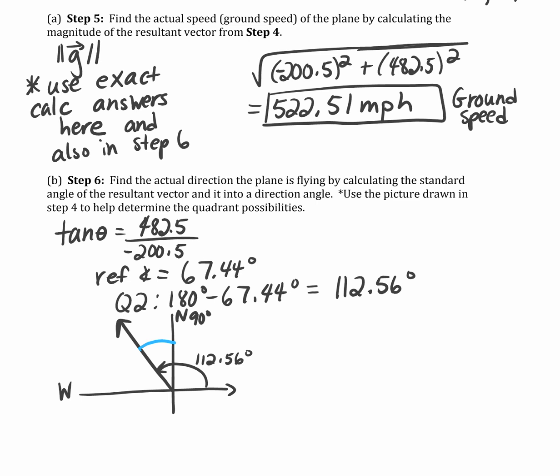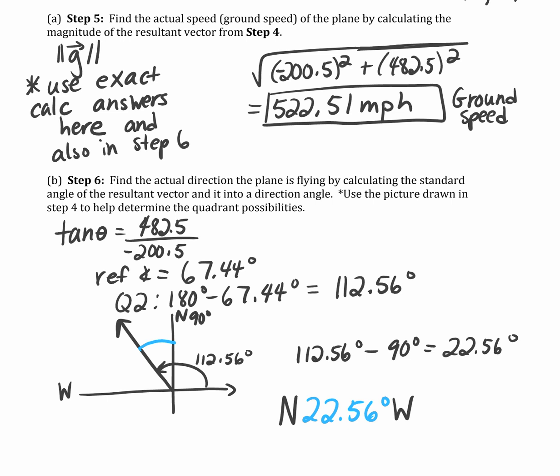So we would want to take 90 away from that 112.56. And that will give us 22.56. And then to write it, we're starting at north. We're going at 22.56 degrees towards west because we're in that northwest quadrant.